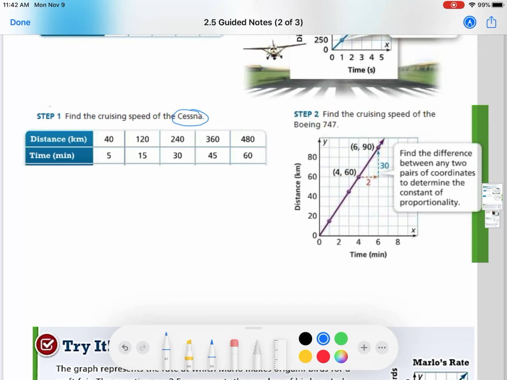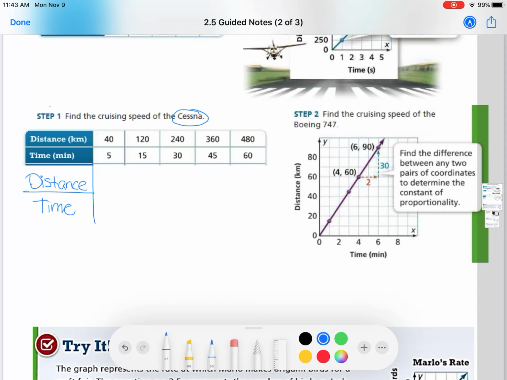Our goal is to figure out how fast it is happening every minute. So we're going to set up a really simple fraction. It's kind of already done for you without even realizing it: the distance over the time. So you're setting up a proportion showing the distance and the time.